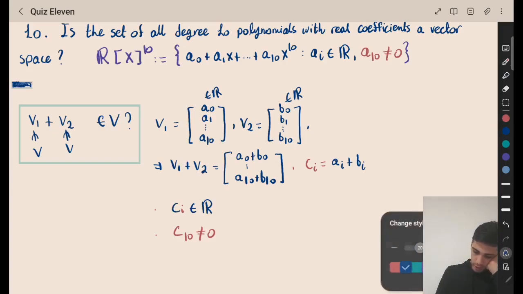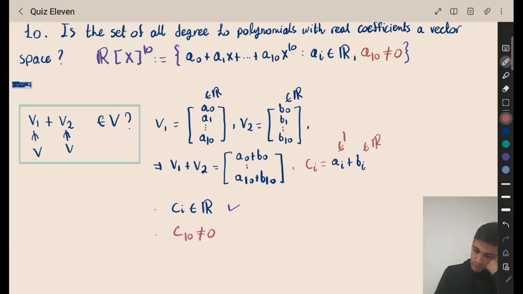This is actually going to be true, because simply if I choose a bi, which is a real number, and I add a real number to a real number, I will always get a real number. The field of reals, it's a field that's closed. But regardless of this piece of info, adding two real numbers gives you a real number, for sure.